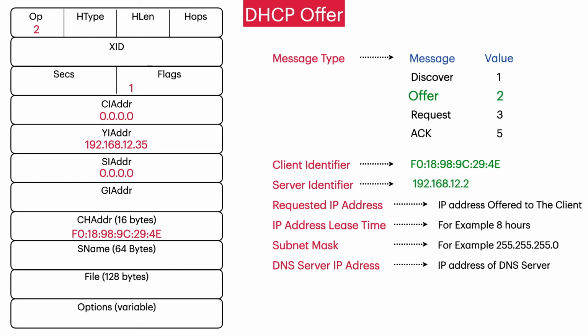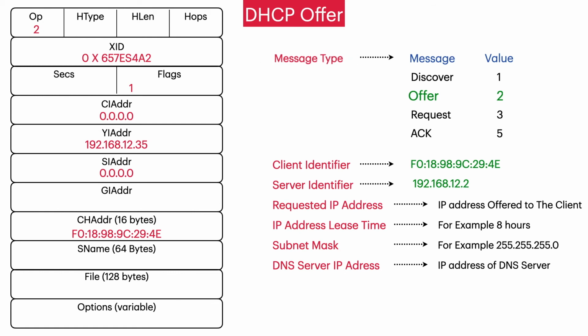It fills the server identifier option with its IP address and packs it in the DHCP offer message with the same transaction ID as the one present in the received discover message. The same transaction ID tells the DHCP client that the message received is the reply for the message it has transmitted.